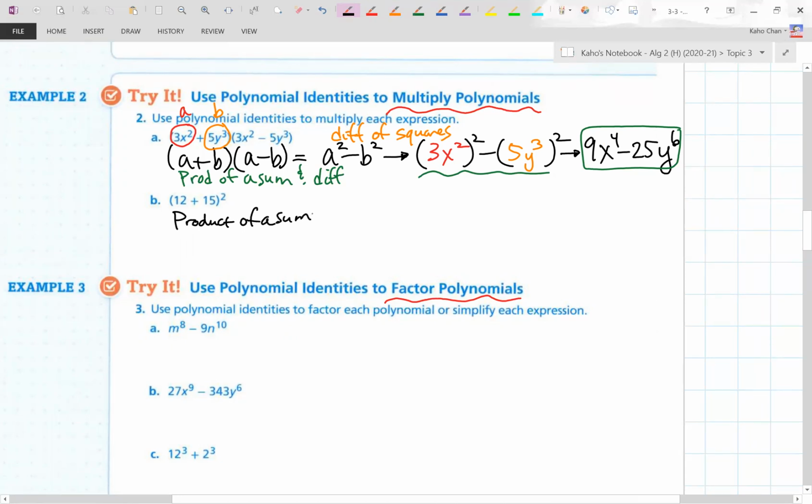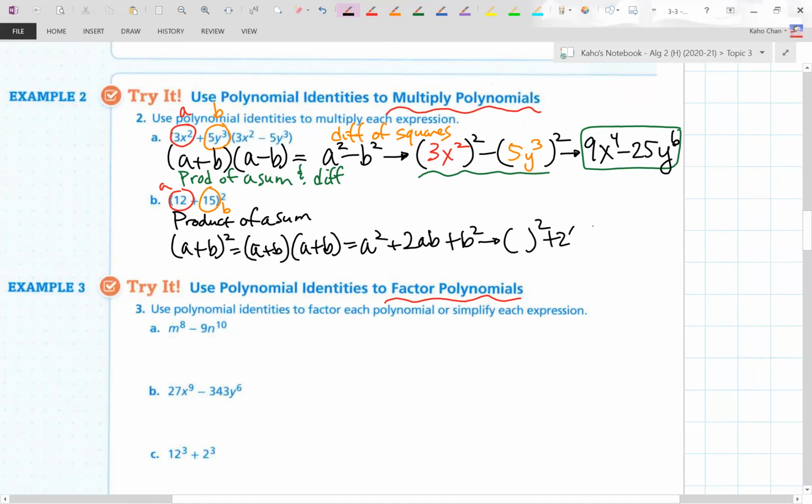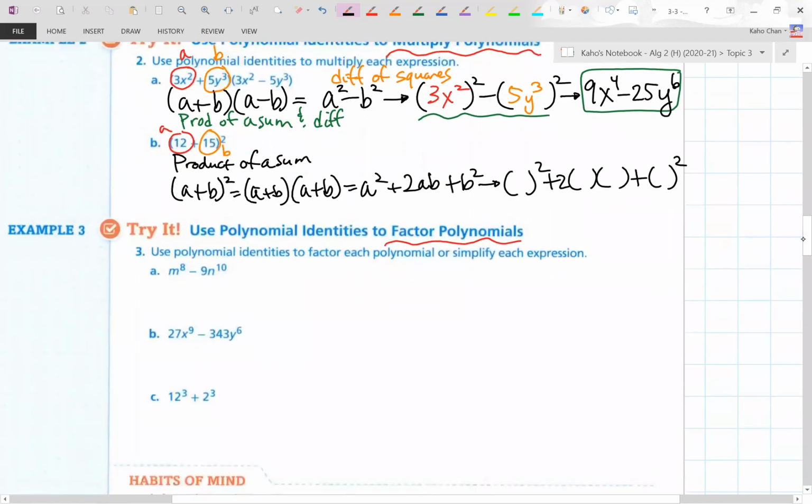The sum being 12 plus 15. 12 is A, 15 is B. We know the pattern is A plus B, now we didn't expand it yet, but A plus B times itself is equal to A squared plus 2AB plus B squared is the pattern, okay? So A squared plus 2AB plus b squared. Now just keep in mind, it's not the end of the world if you don't know these patterns. You just go ahead and FOIL it.